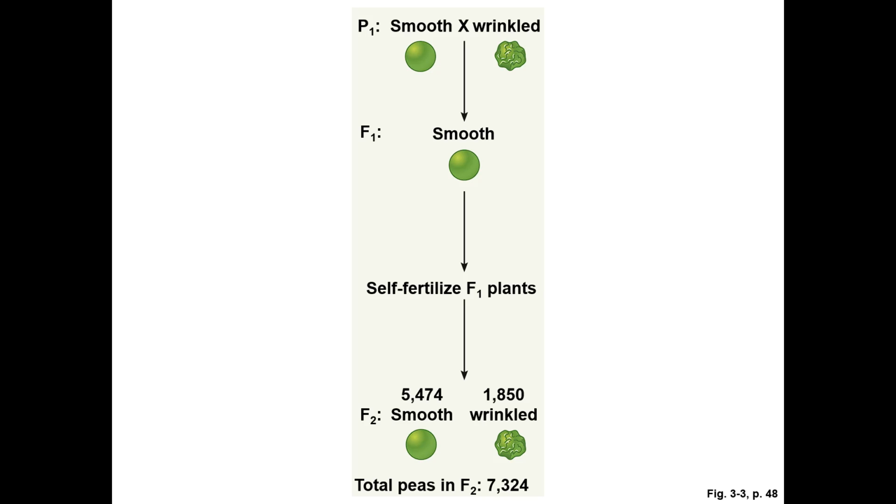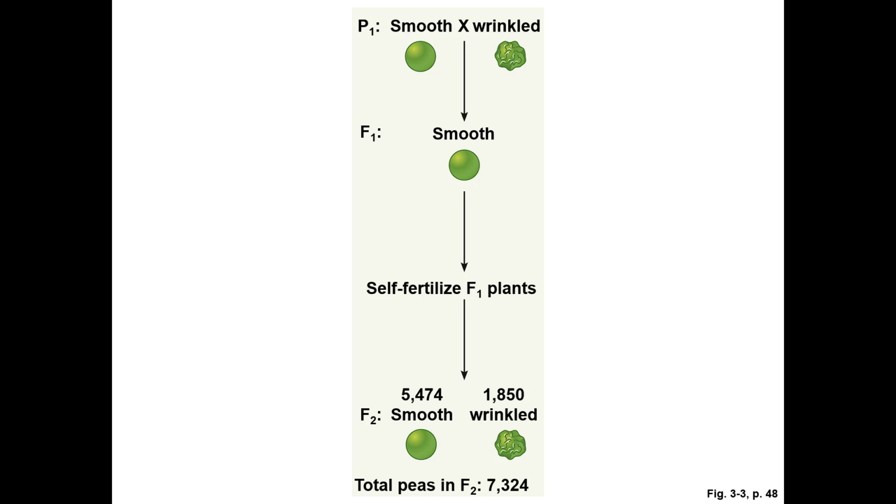Okay, so again, in the smooth and wrinkled cross in the parental generation, the first generation produced smooth, which he self-fertilized. And then in the second generation, you got 5,474 smooth, 1,850 wrinkled. So the total for the second generation was 7,324.